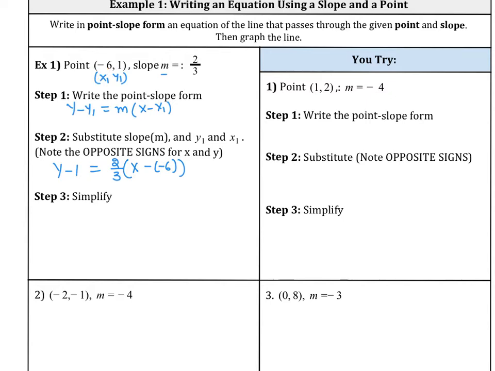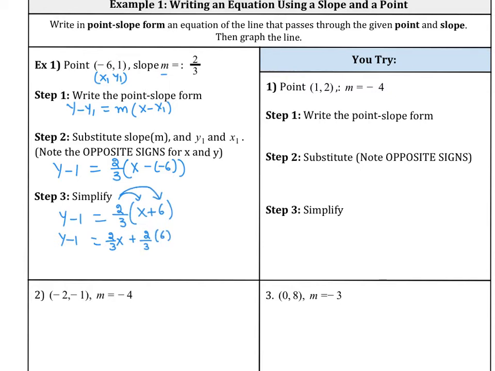Now we are going to simplify this. To simplify, first of all, just make this sign positive because 2 negatives make it positive. Now we are going to distribute. So when you distribute, you're going to get y minus 1 equals 2 over 3x plus 2 over 3 times 6.